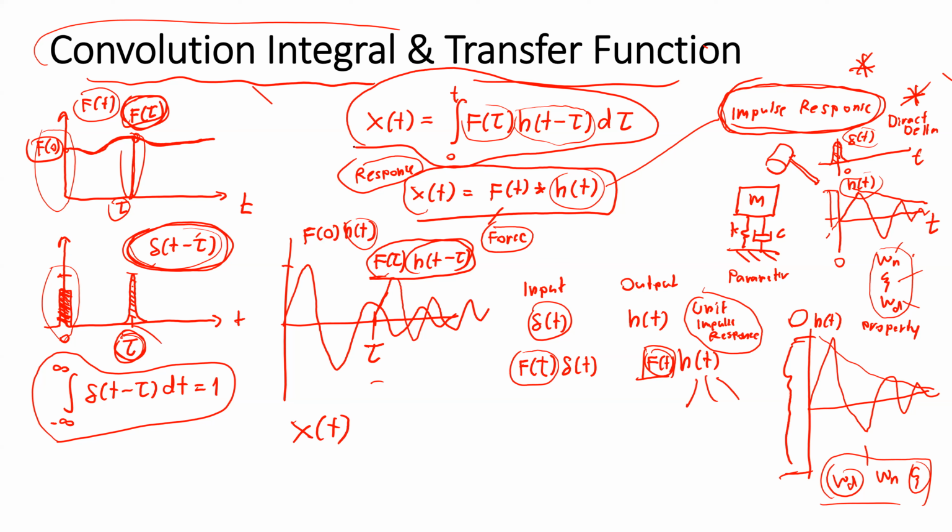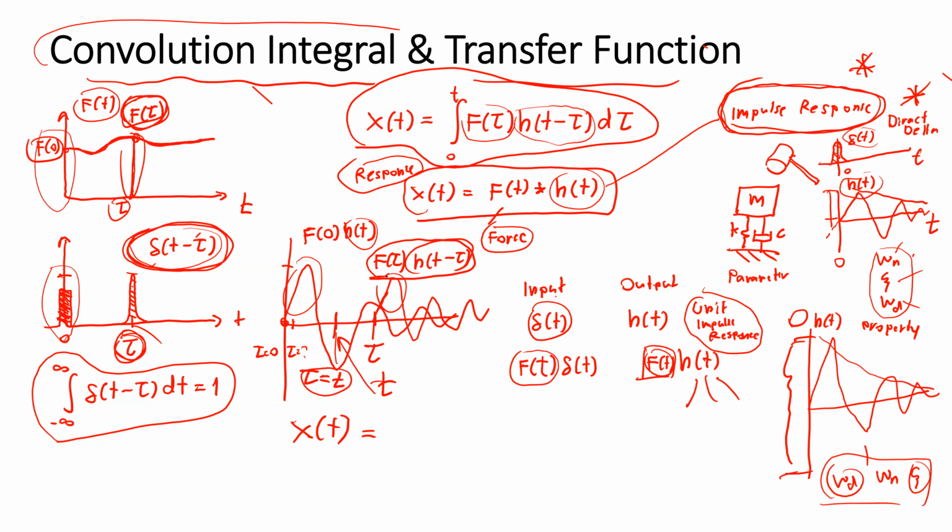But for the total response, if you need to find the total response at any point of time t, you need to consider when tau equals 0, as tau changes to some value, until tau equals the time t. And the response is going to be the linear combination of all impulse responses.